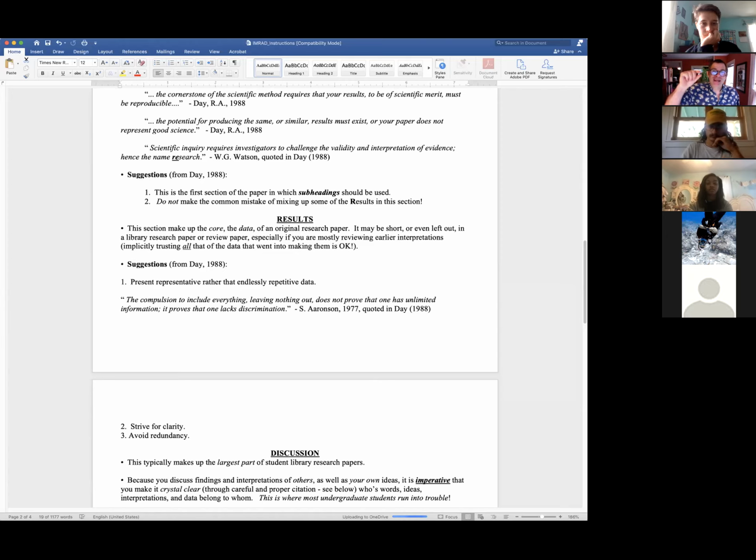But if we've done a good job collecting the data on how deep the earthworm holes are and how wide they are, that data can be reinterpreted in a new model if the data is not biased and tied up and mixed in with interpretations. So the results is all about describing the data you have collected, the data analysis you've done, but it's not about interpretation.